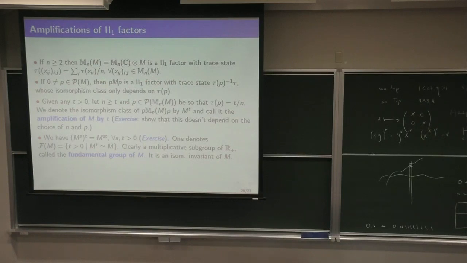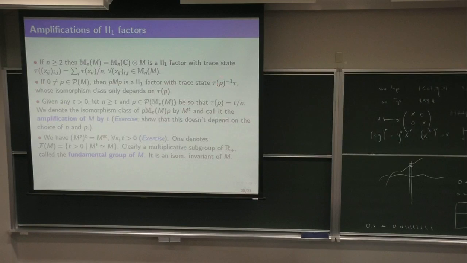Okay, so to take it to be a state. And since it's a trace state, any of those axioms, any of those equivalent properties would immediately imply that this is a II1 factor. Also these corners of M are also II1 factors with this trace.